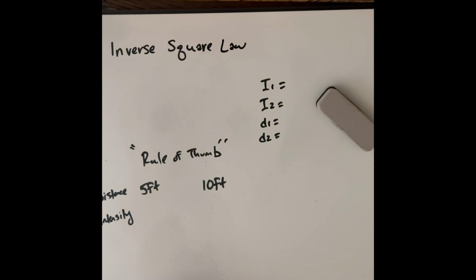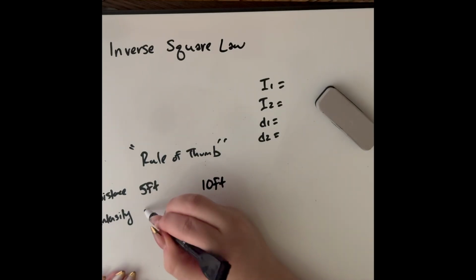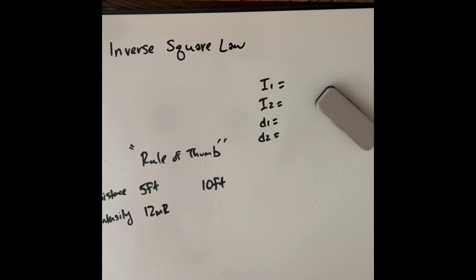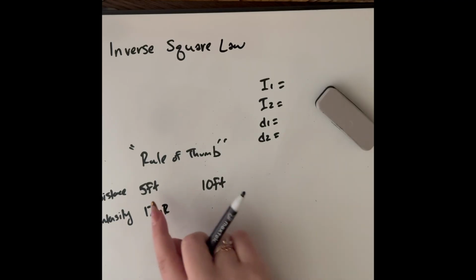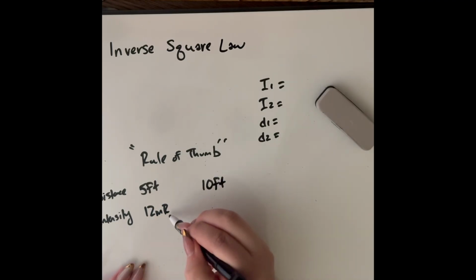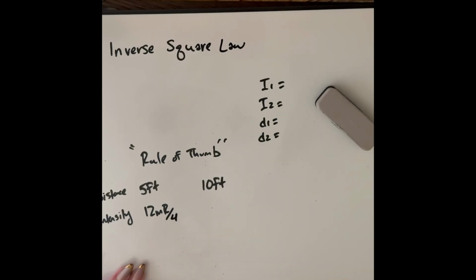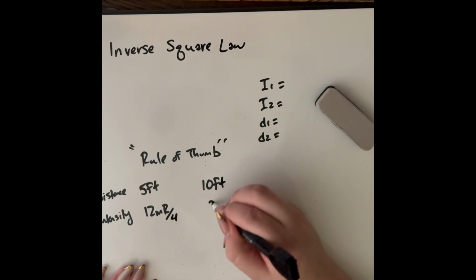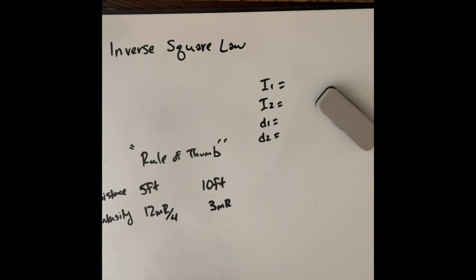Let's say our intensity at 5 feet was 12 MR. Based on the rule of thumb, if you double your distance, which we did here, then our intensity should decrease by a factor of 4. All that means is if our distance is exactly doubled, we should divide this number by 4 to give us a new intensity of 3 MR. There are a couple problems on your PowerPoint that follow that law.